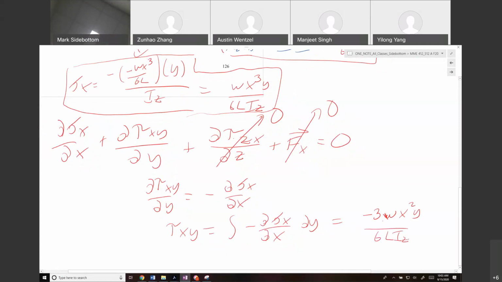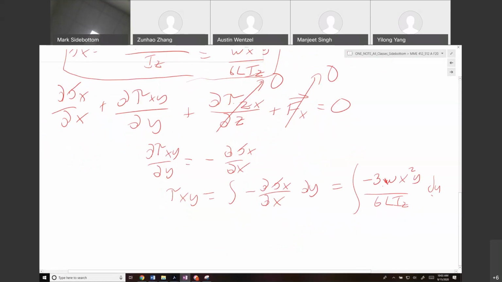We have to integrate that with respect to y. So we end up getting tau xy being equal to minus 3w x squared y squared over 12L Iz plus an integration constant. Since it's a partial integral, that integration constant is going to be some unknown function of x.